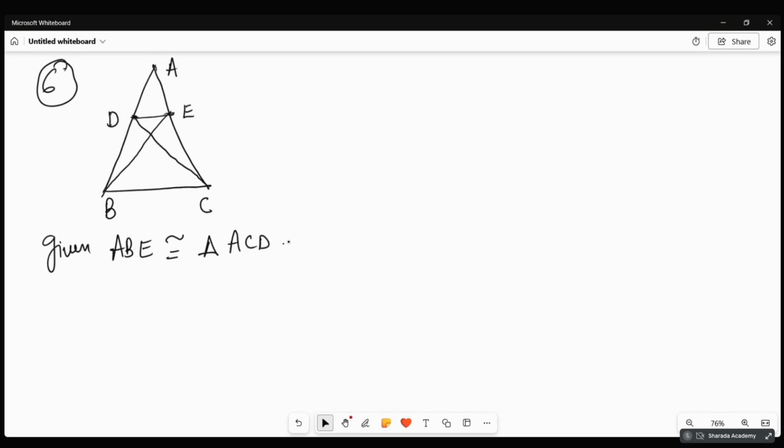Okay, this is a given thing. ABE, see, this triangle, is congruent to triangle ACD.